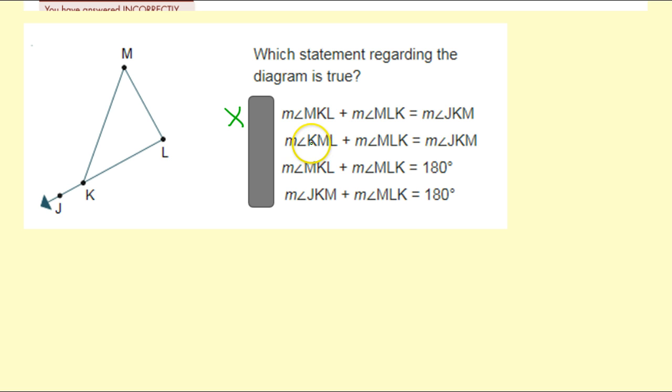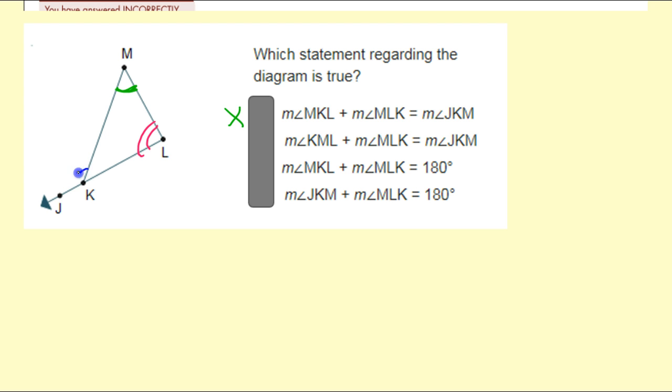Okay, so angle KML, that's this angle right here, plus angle MLK, which is this angle right here. And will it add up to angle JKM?